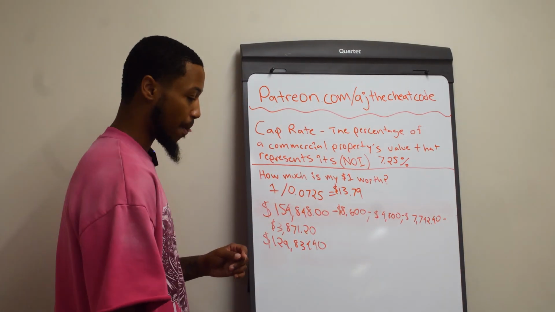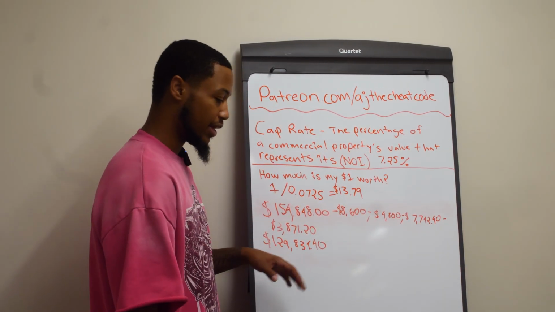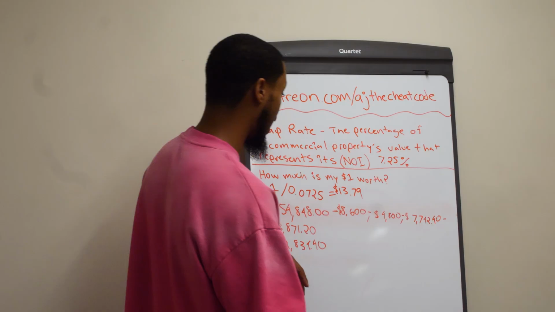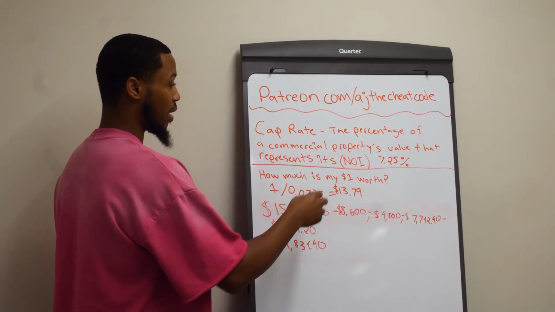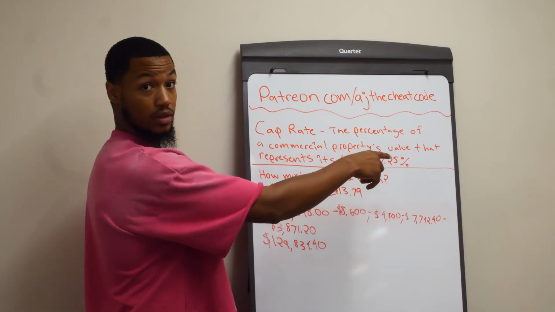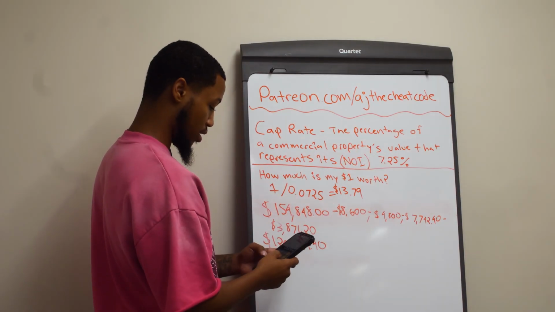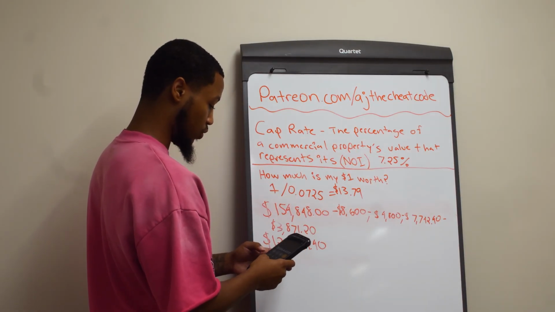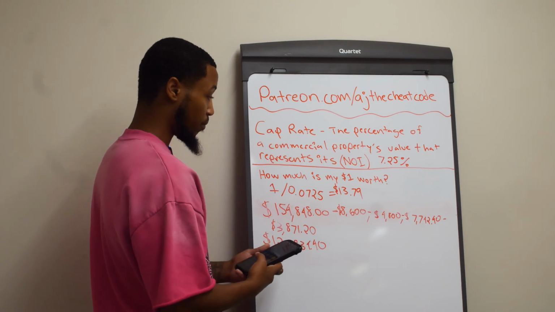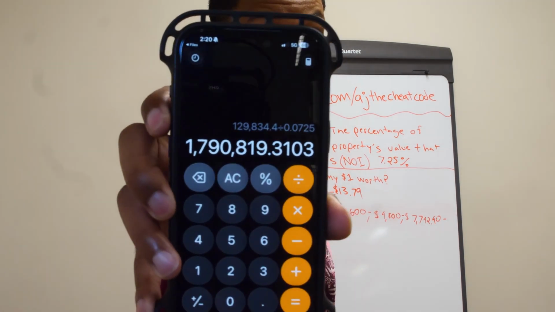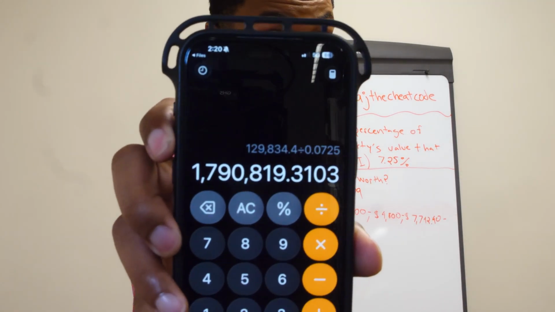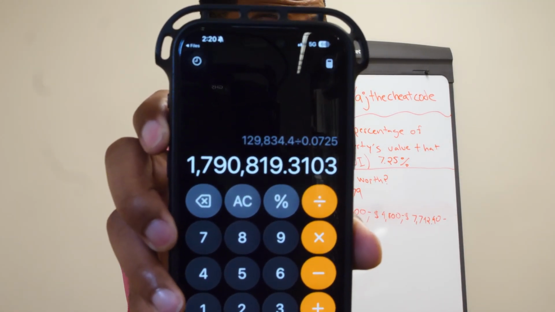Once I do that, I divide that by my cap rate. So I divide that by 0.0725. Once I divide it by 0.0725, 7.25%, that's how much my building is worth now. That's how much the building is worth now.